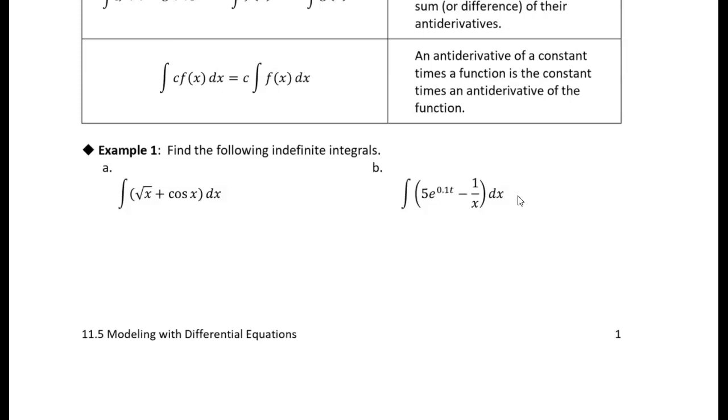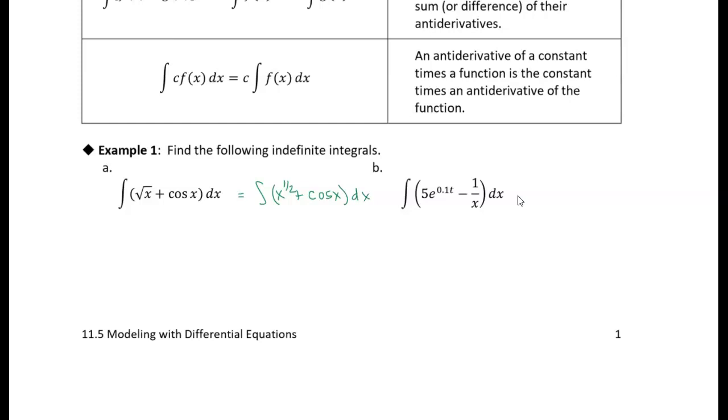All right, so here we have the integral of the square root of x plus cosine of x. Now I'm going to rewrite that: if I write the square root of x as x to the 1/2, then I can use that reverse power rule. And then you can leave this as cosine of x dx.